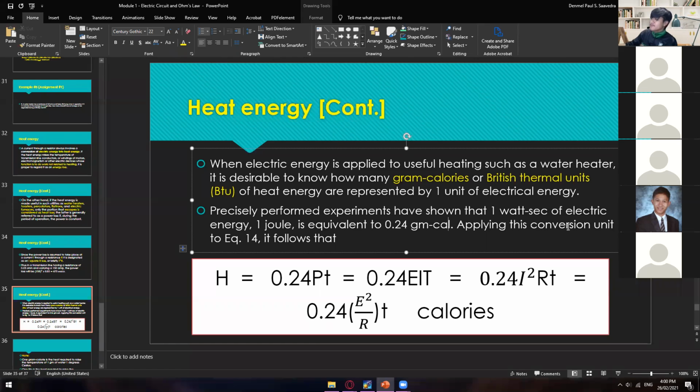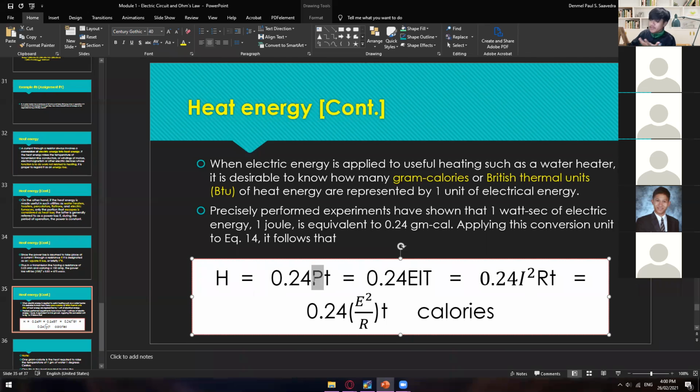So applying this conversion unit to equation 14, it follows that heat is 0.24 times power times time. As you guys can see before, we only had watts equal to power and time, but right now we have heat equal to 0.24 times power times time.